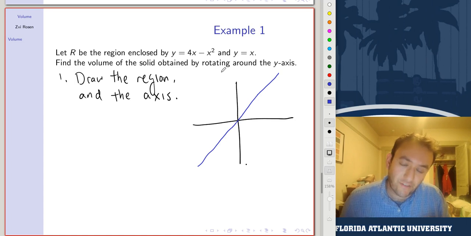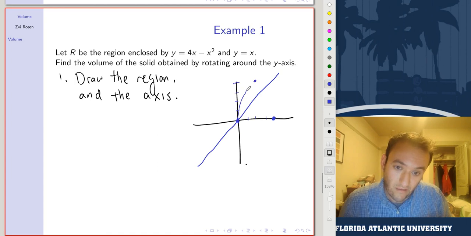And it's easy to factor: we can factor out x, and it's x times (4 minus x). That means at x equals 0 and x equals 4, this parabola is going to intersect the x-axis. That means its peak is between them, and we know it's pointing down because the coefficient of x squared is negative. So the peak is at 2, and when x equals 2, y equals 4. And we have a parabola shape here. And this is our region.